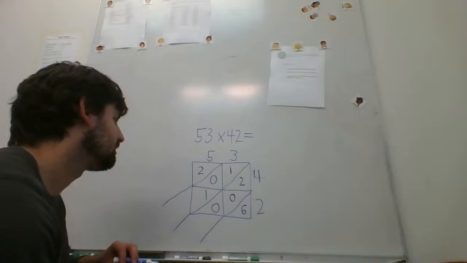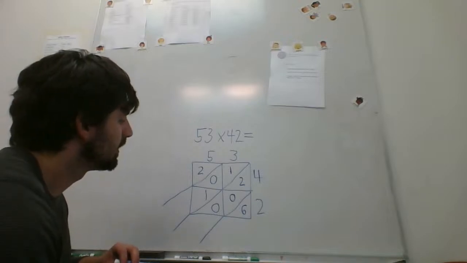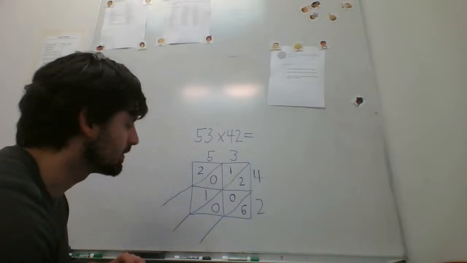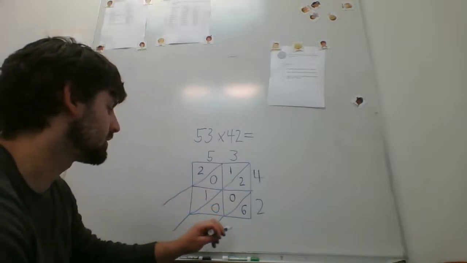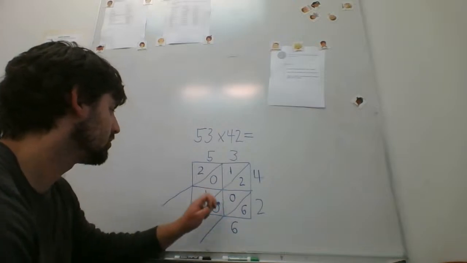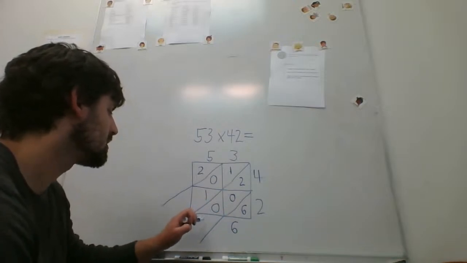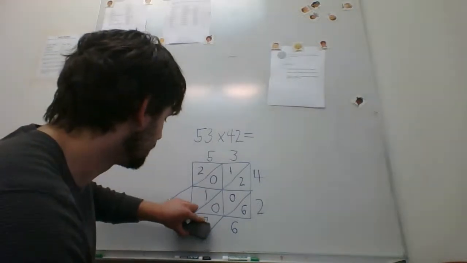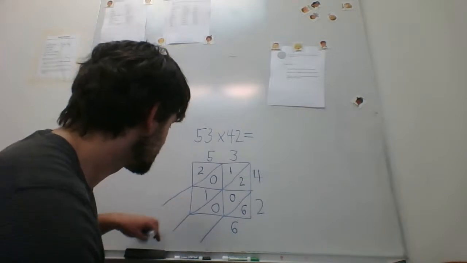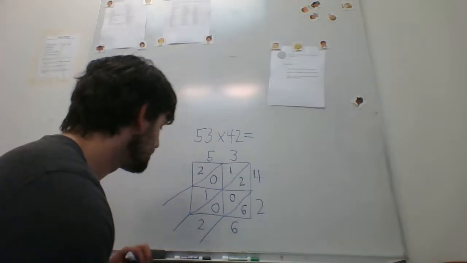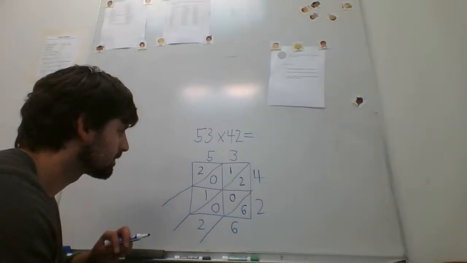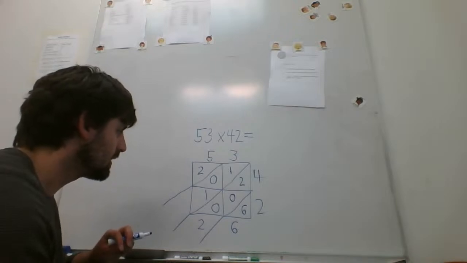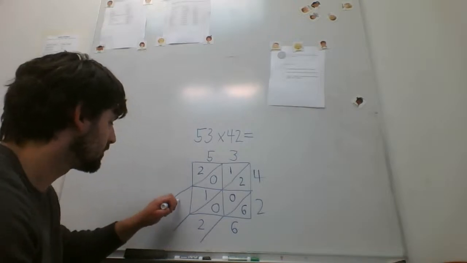So now we have to add up all the digits inside the squares going along the diagonal lines. So here, the only digit is 6. So we have 6. 2 plus 0 plus 0 equals 2. 1 plus 0 plus 1, again, equals 2.